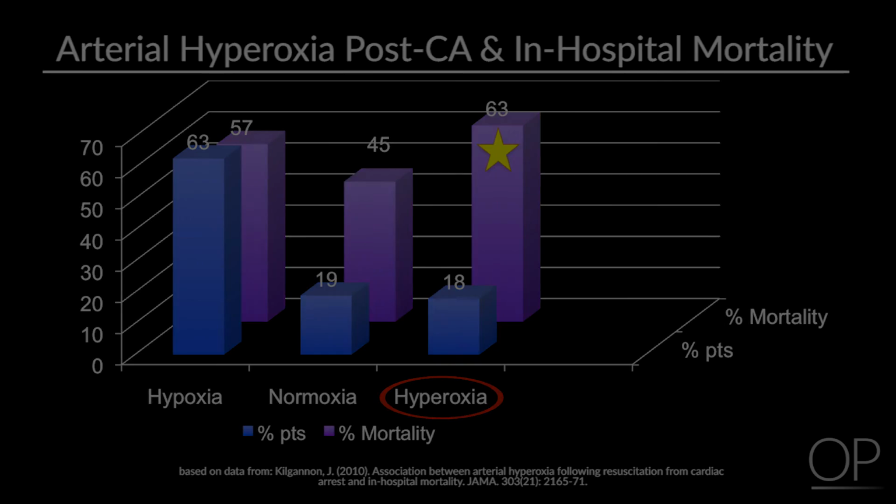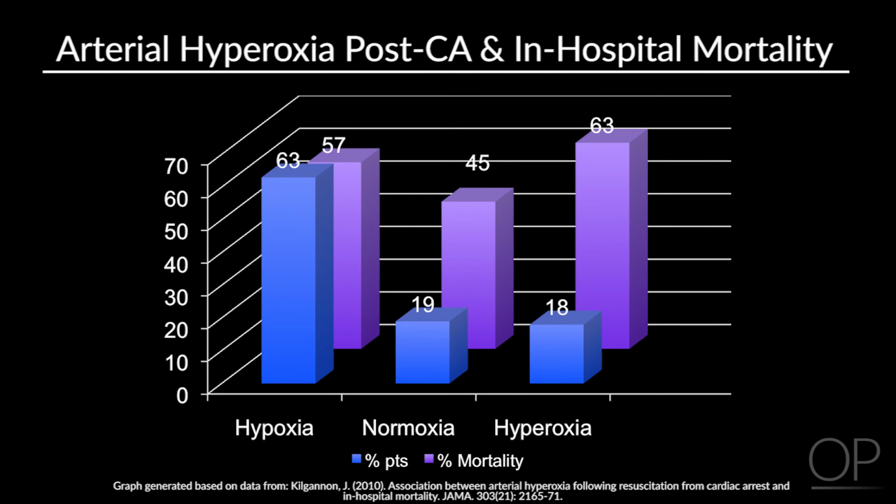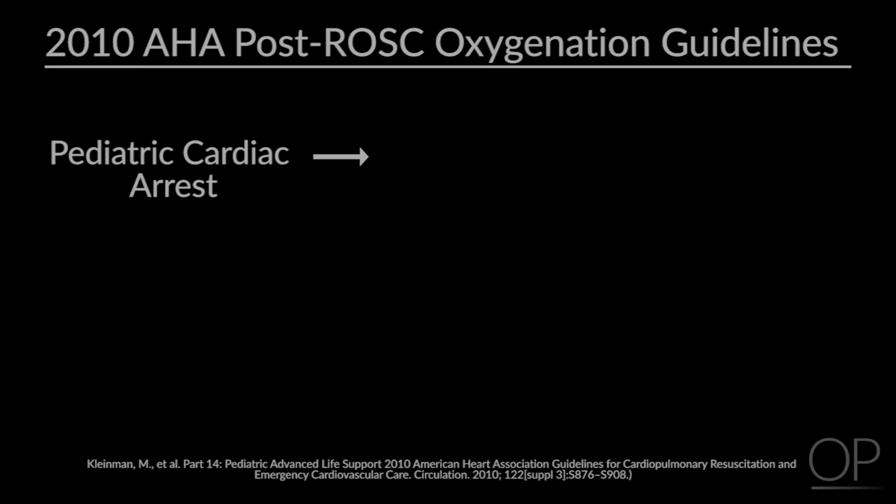And in further analysis of their data, what did they find? They found that it was actually dose-related. The higher the PaO2 in adults after they'd been resuscitated, the worse their survival, as well as the worse their neurologic outcome.